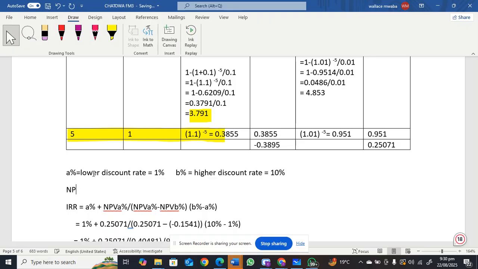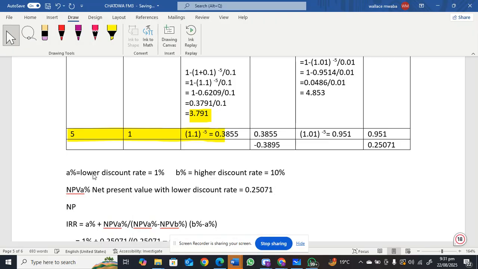NPV A% is the net present value with the lower discount rate, which is 0.25071. NPV B% is the net present value with the higher discount rate.